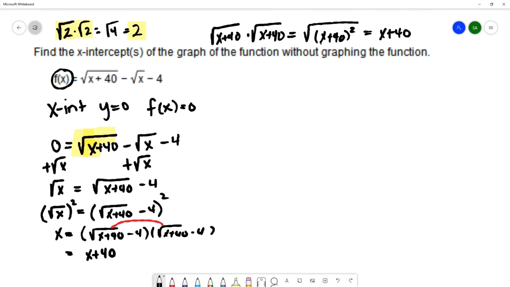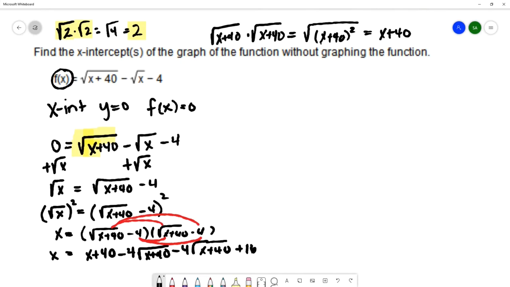So if I continue on, I'll multiply the outside two, and one of them has a radical and one doesn't. So I can't mix those, so I'll write it as minus 4 square root of x plus 40. And then I want to multiply the inside 2, and that's a minus 4 square root of x plus 40. And I want to multiply the last two together, and that's a minus 16, excuse me, a plus 16.